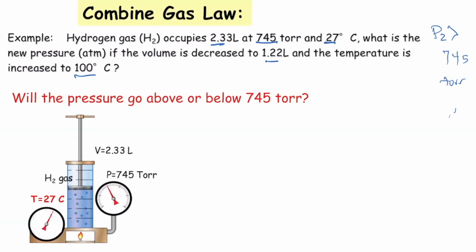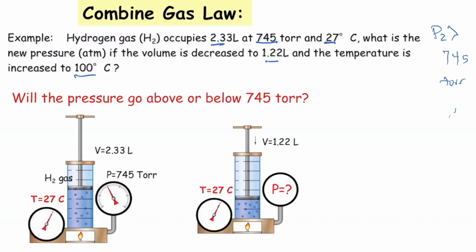So let's take a look at how to solve this problem. This might be a drawing that you could do. The drawing's not important. It just shows you what's going on. Here's the temperature at 27. The new temperature now is 100 degrees. The volume is 2.33.